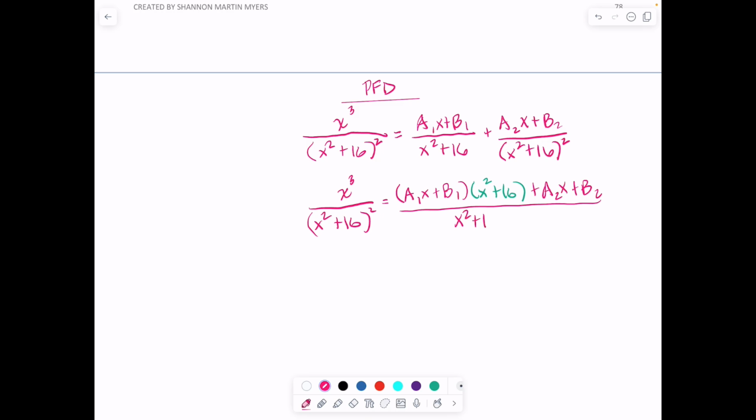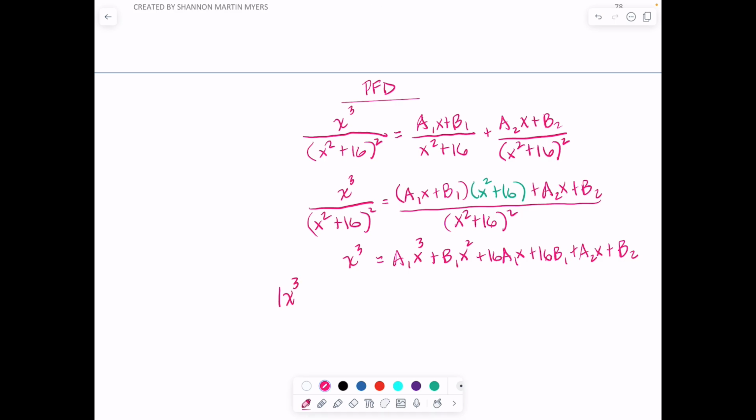Now do you see we have x squared plus 16, the quantity squared, so we can omit the denominator from our computations, and then we'll have a1 times x cubed, I'm just multiplying out right now, and then plus b1 times x squared plus 16a1 times x plus 16b1 plus a2x plus b2.